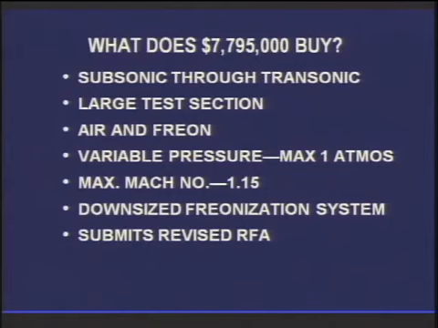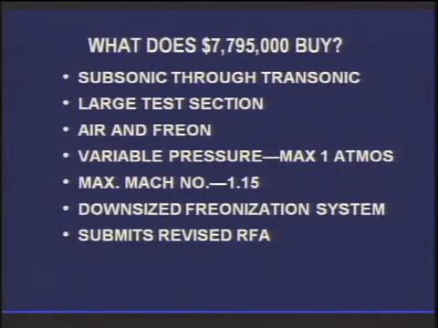Well, Langley wasn't all that enthralled about this, as you might imagine. The first thing they had to do is figure out what $7.8 million buys. In other words, they were talking initially about spending $9 million. Now they're going to spend 7.8 up front, and it's going to be allowed to grow to 9. Well, you still get a large test section. You still get the air and freon. We don't get into above atmospheric pressure testing.